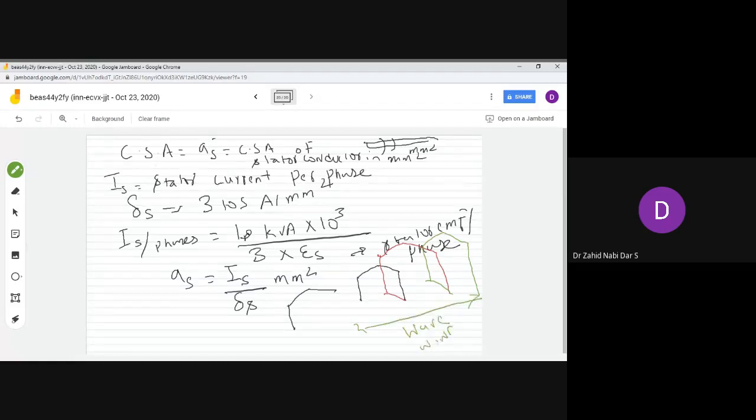I have taught you this in DC also. And another simple arrangement like this is called lap winding.